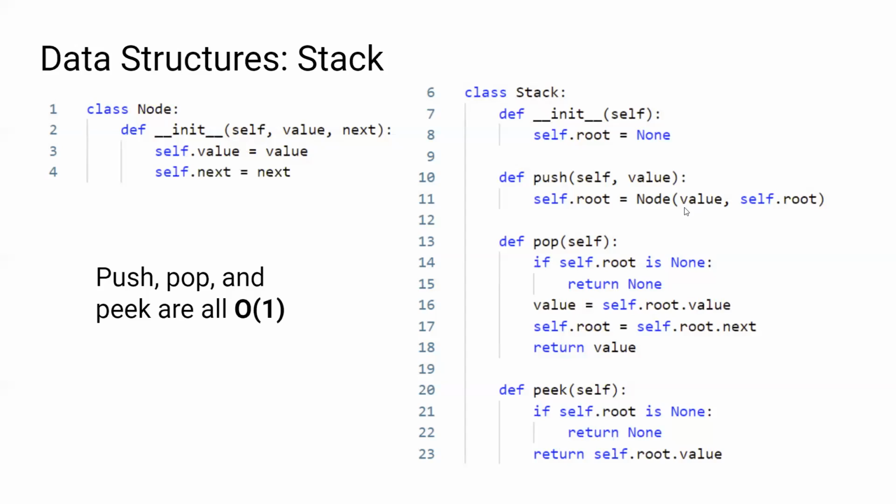And that new node's value is equal to the value that we're pushing in. And the next node of the new node is the old root. So a little bit confusing, but basically you have the root node, and then you're just inserting a new node in front of it and making the next node of this new node equal to the root node.